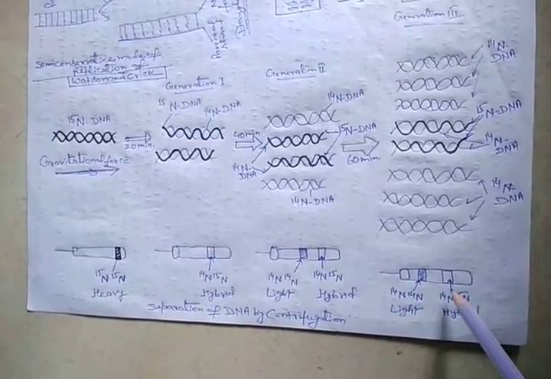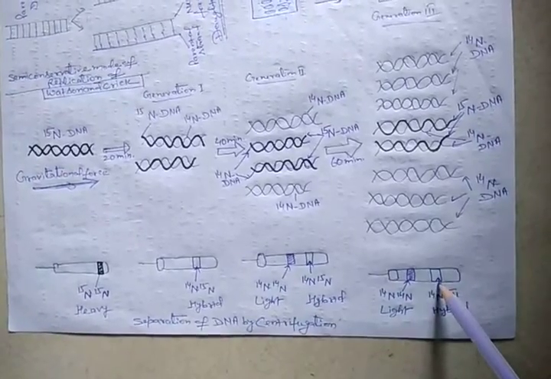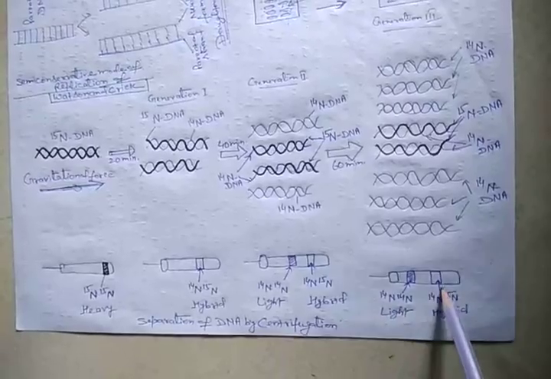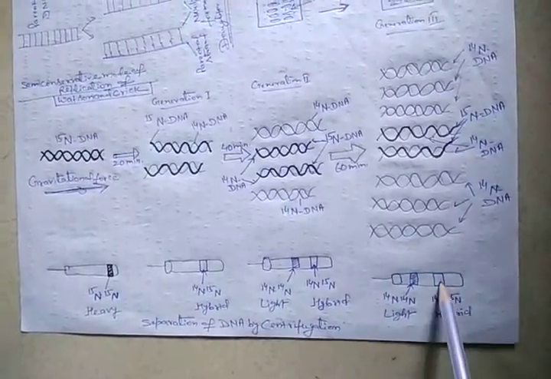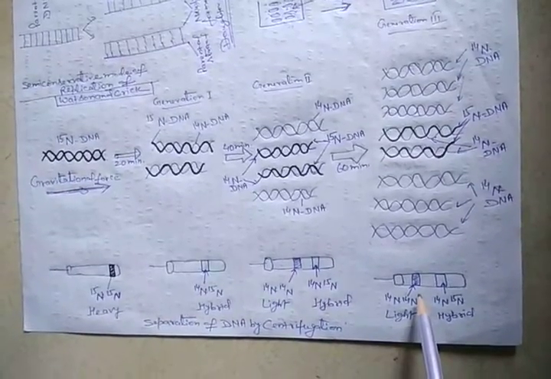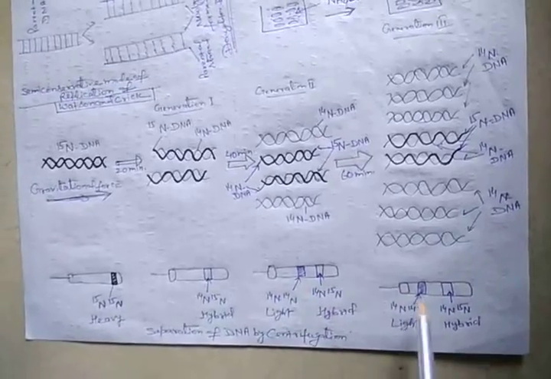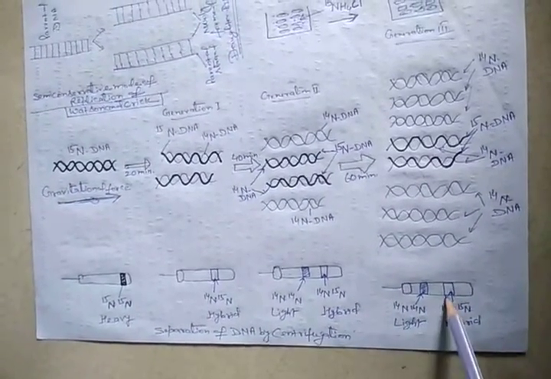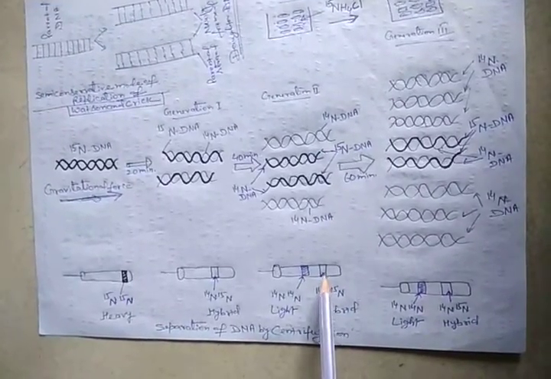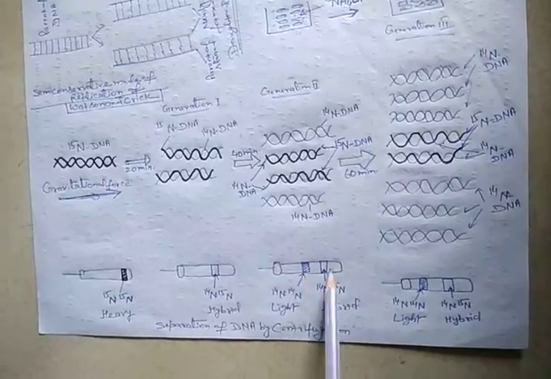Again there are two types of DNA sediments: some that are hybrid, or intermediate in density, and another type that sediments higher, the light DNA.